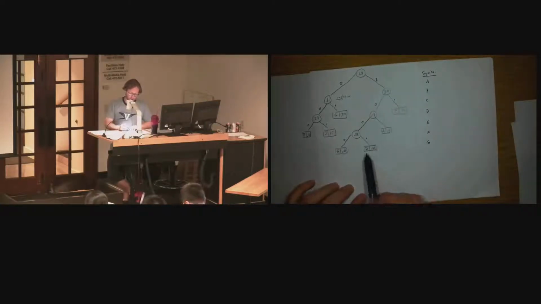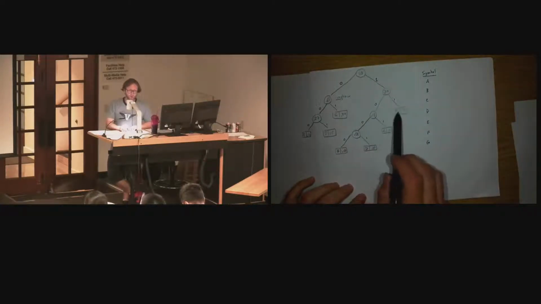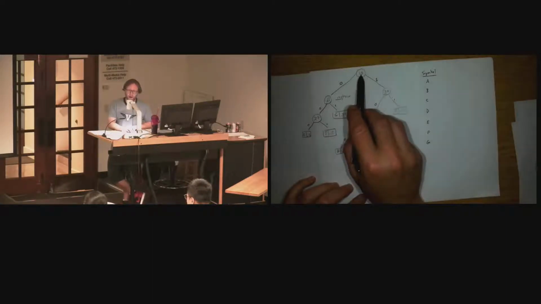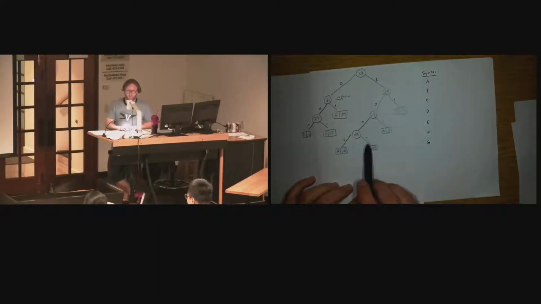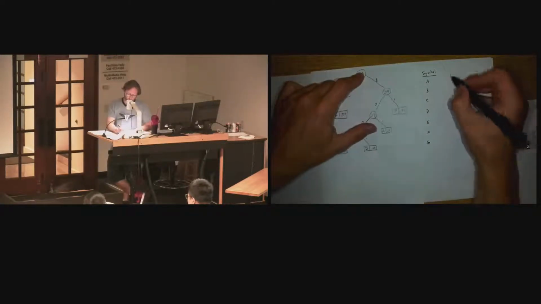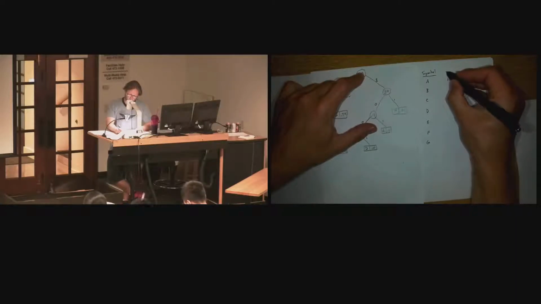Where's A here? It's right there. You'll note here that where are all the symbols? They're all what? Leaves. Right? So the unique path from the root to any leaf, that defines a code word. So 1, 0, 1. And this is the code word.